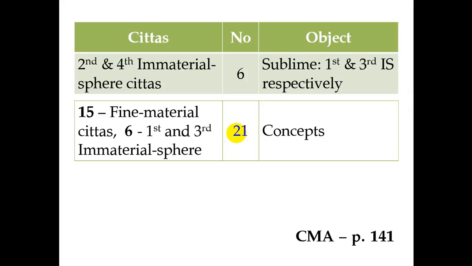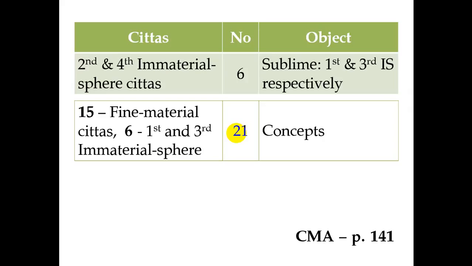So here, 55 material cittas also take the object of concept. The reason is, look at the kasina meditation, right? The moment you see the kasina, you haven't attained any jhana yet. It is just a sense sphere citta, because your mind takes a sense sphere object.